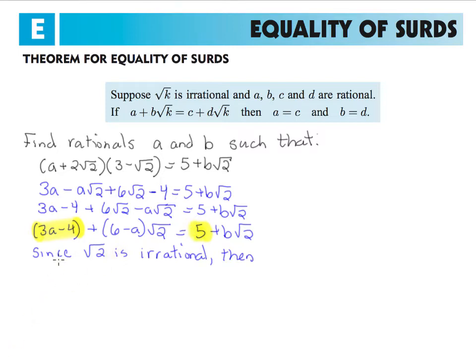So I'm going to set up a new equation: 3a minus 4 is equal to 5. And now what I have written in front, multiplying the square root of 2 on each side of the equation, we can also set those equal. On the left-hand side, that 6 minus a must equal b. So I'm going to write a second equation, which is 6 minus a is equal to b.